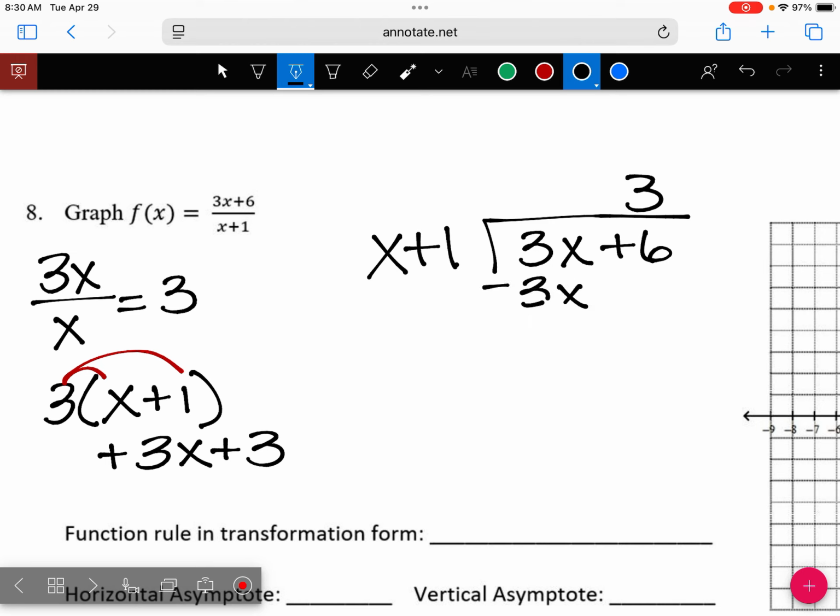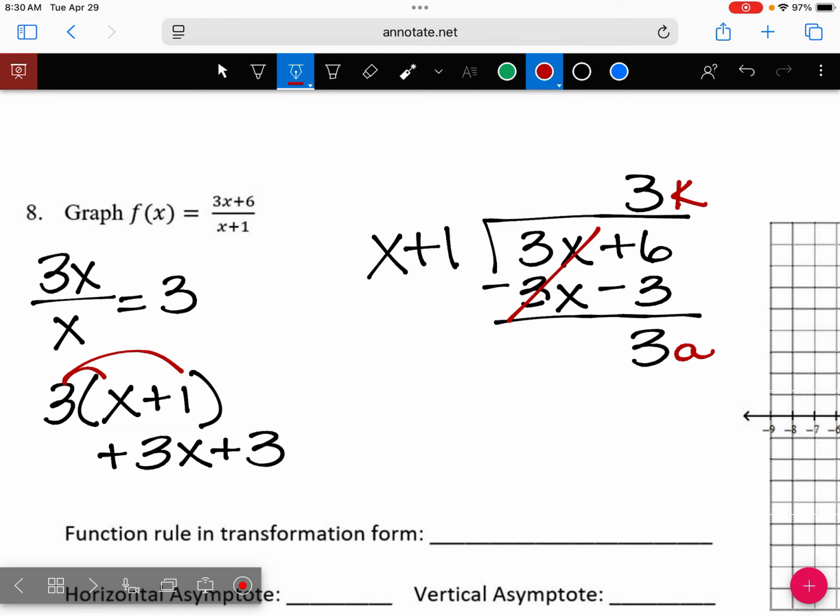This becomes a negative, and this becomes a negative. So that's going to make this cancel out. And all you have left for your remainder, and whatever your remainder is, that's your A value. Your remainder is 6 minus 3, which is 3. So this time it just so happens that your A is 3 and so is your K.